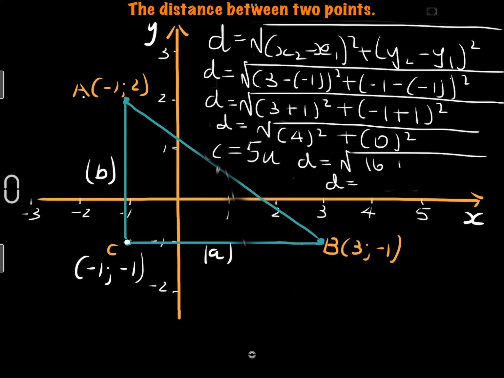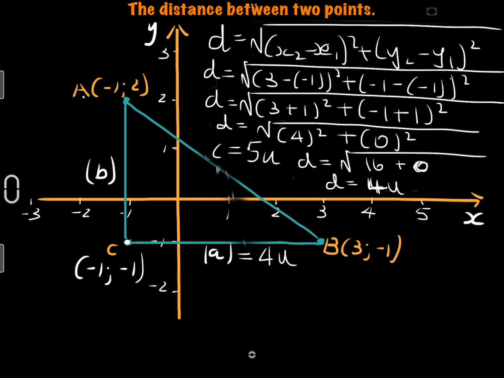So 16 plus 0 is equal to 16, and the square root of 16 simply gives us 4 units. So in other words, the distance between BC is equal to 4 units.